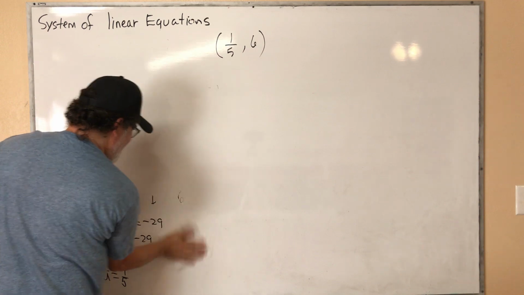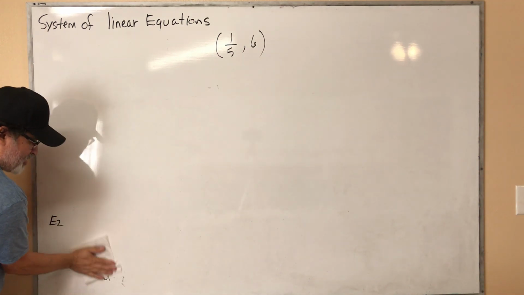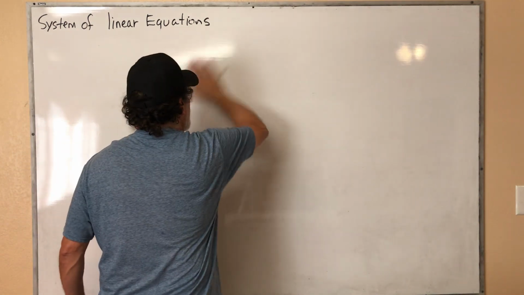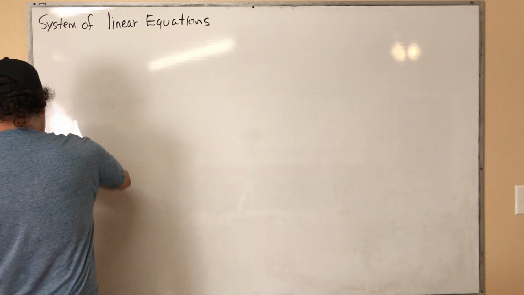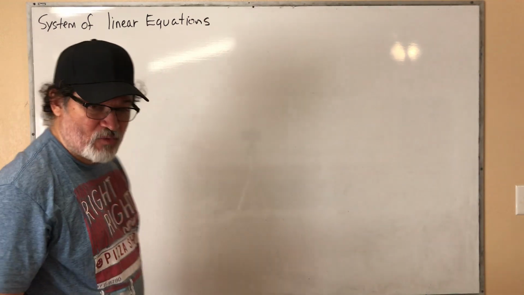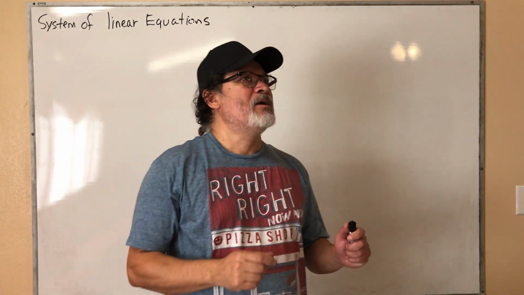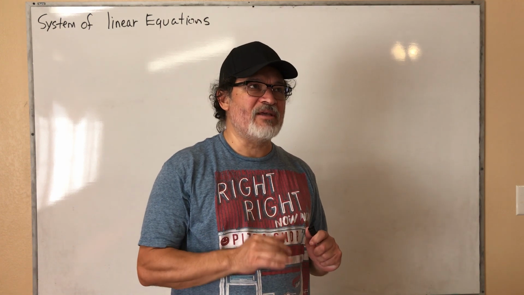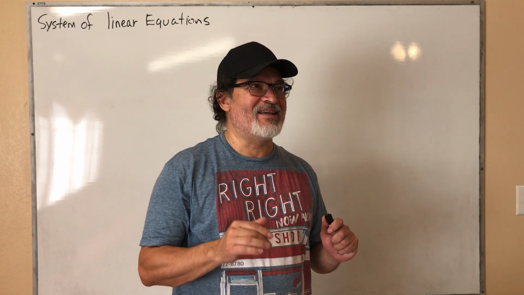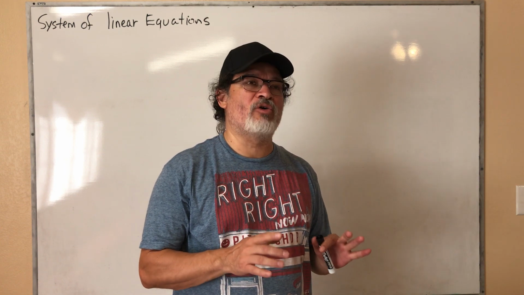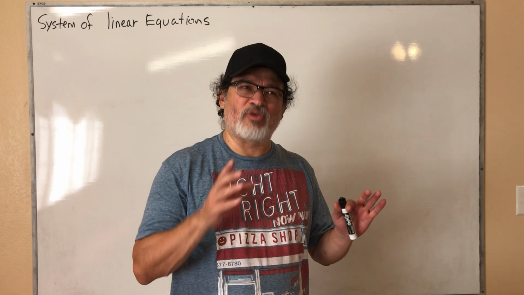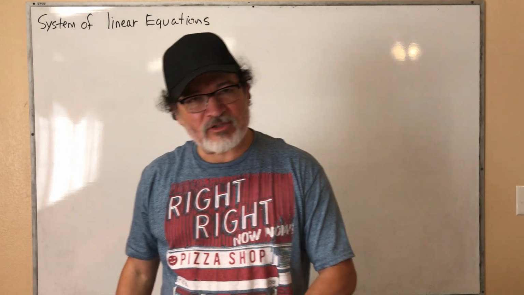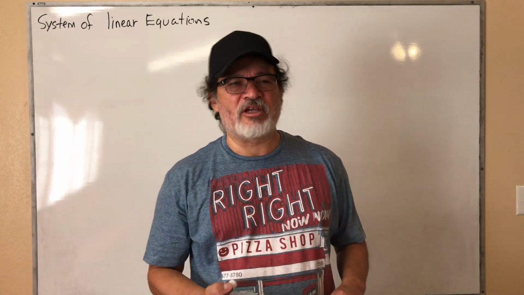All right. Let's do another one. But now this one is going to have 3 equations. If you're going to solve a system that has 3 equations, that means 3 variables are going to be involved. 3 equations and 3 unknowns.